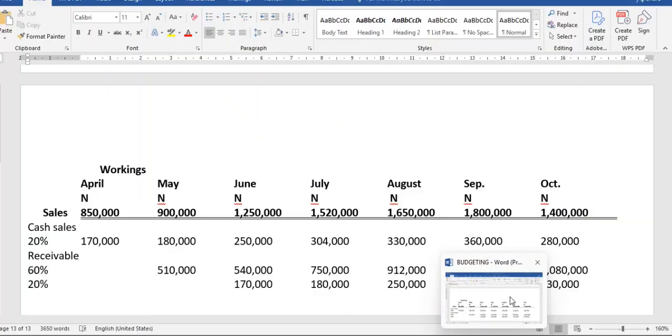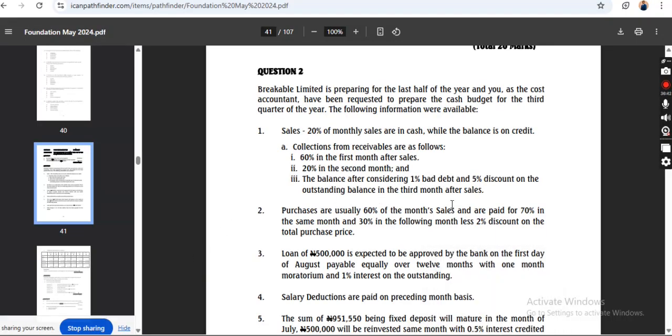10%. Okay. Any other? The balance should be 20%. It's 14%. Balance is 14%. How is it 14%?